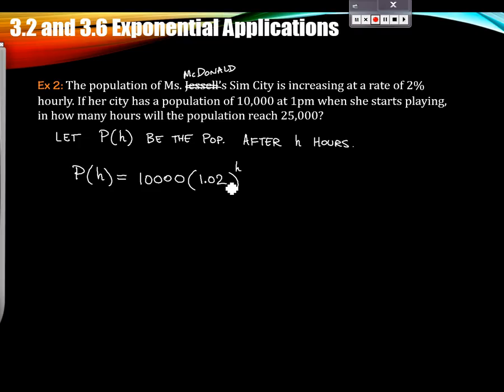We want this to equal 25,000. So go for it. What do we have? 1.02 to the H equals 2.5 once we divide by 10,000, so H equals log base 1.02 of 2.5, which is approximately 46.271169.